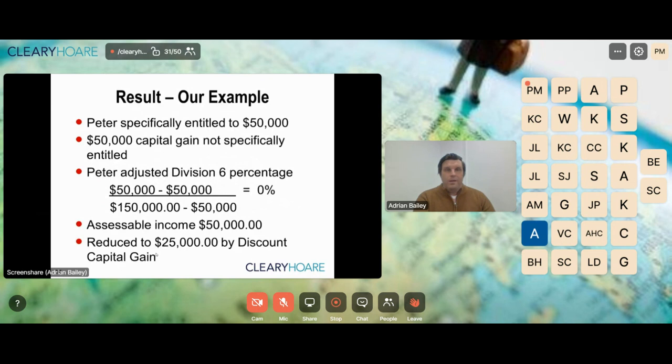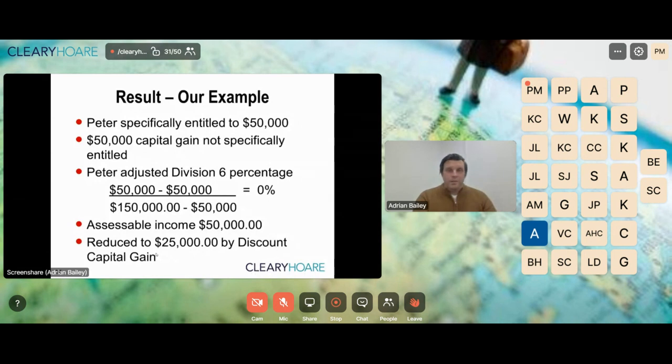So if we work our way through the legislation, Peter is only specifically entitled to $50,000. He's only entitled to the $50,000 that was distributed to him as a component of net income, so after the discount was applied by the trustee. This leaves us with $50,000 floating around, not specifically entitled. Now, before the streaming provisions were brought in, not so much of an issue because we could make an argument that that flows through to Peter and it's grossed up in his hands and then reduced again.